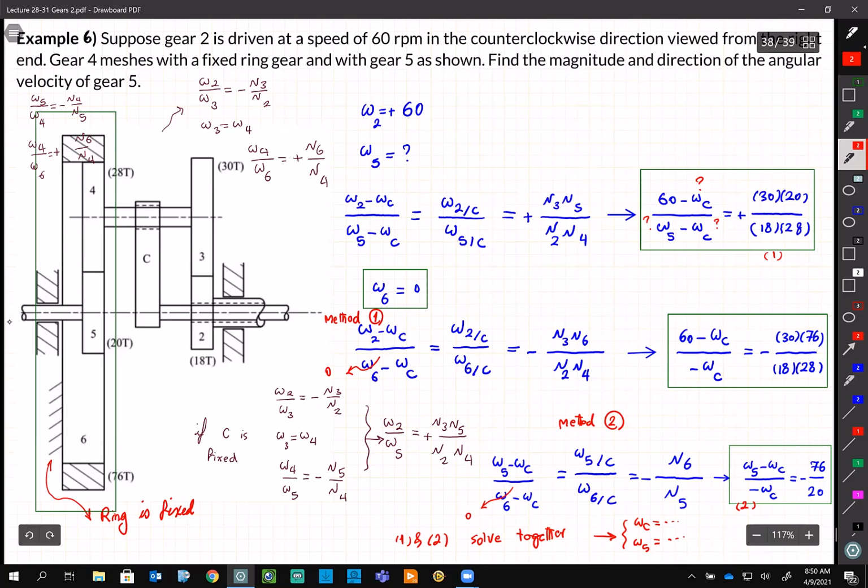And you saw in this system, we are stuck. But when we notice that 6 is fixed and we have some information related to 6, then the problem was solved. But we need to write 2 equations. We cannot solve it like the previous one in one shot.